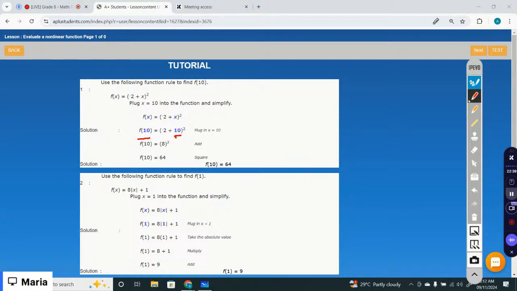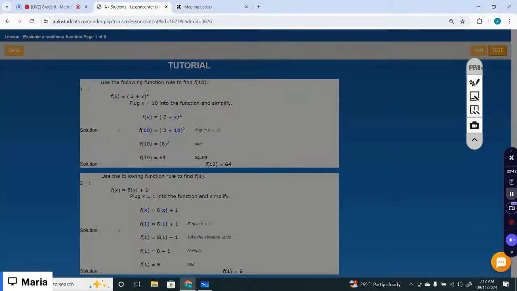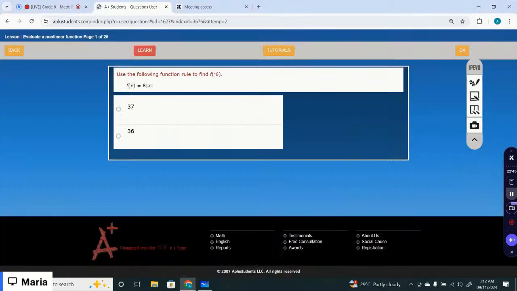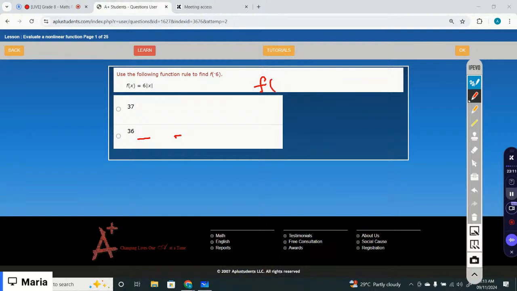Let's just start with the test questions. Use the following function rule to find f of negative 6. That is f of negative 6 equals 6, and that is the absolute value of negative 6, right?